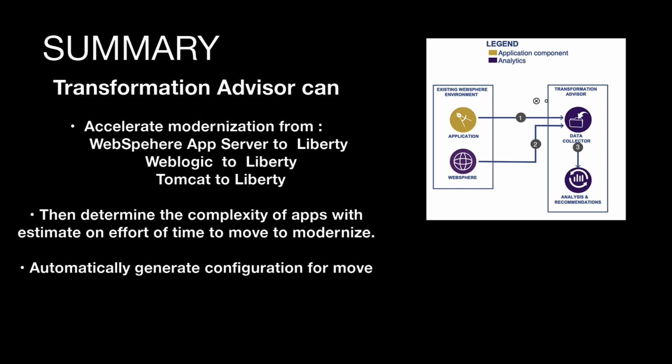If you want to go to Kubernetes, for example, or if you're going to Docker as a containerized platform, automatically it will generate configuration for the move to Docker or Kubernetes. So a very nice way to, one, get an estimate of how long things will take and exactly what you need to do based on the rules engine that is used within Transformation Advisor.